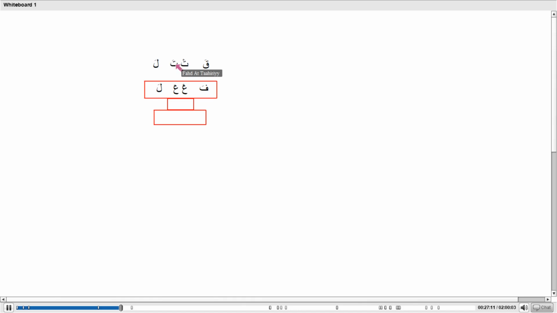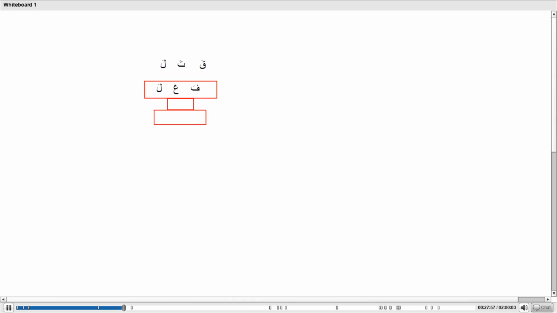The ta here is maftuha. Whenever there are two identical letters in a row, usually we merge them. If the first identical letter was silent and the one after had a haraka, we merge them together, like so.